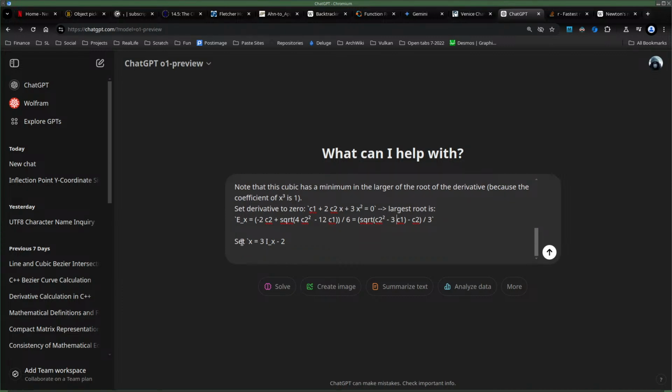Then we set x is 3 times the inflection point x coordinate minus 2 times the minimum, sorry, the largest root, the minimum x coordinate. And then apply Halley's method.